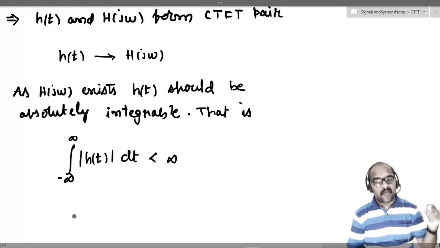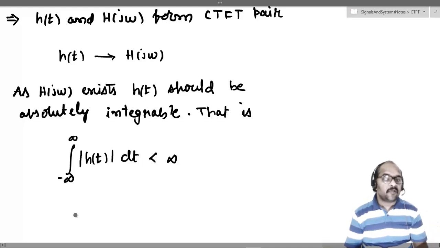Because Fourier transform exists, which is H of j omega, the corresponding h of t should be absolutely integrable. But what is h of t? That is the impulse response of the LTI system. We know that if the impulse response is absolutely integrable, that should correspond to which system? That should correspond to a stable LTI system.